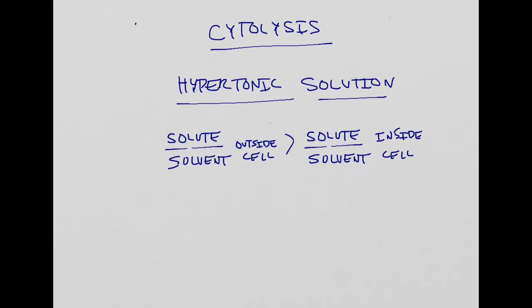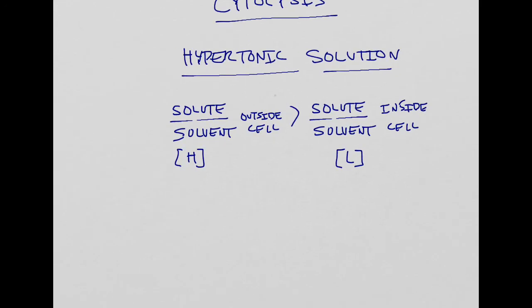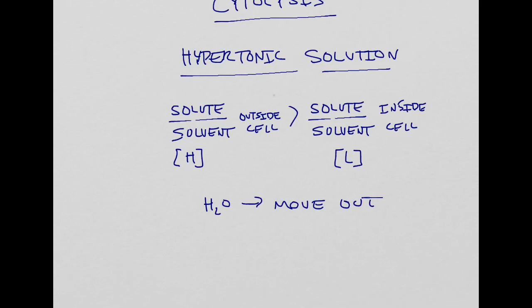So the concentration of salt outside the cell is higher than the concentration of salt inside the cell. And as a result, we're going to have water move out of the cell. And again, there's a special name for this. It's called plasmolysis.